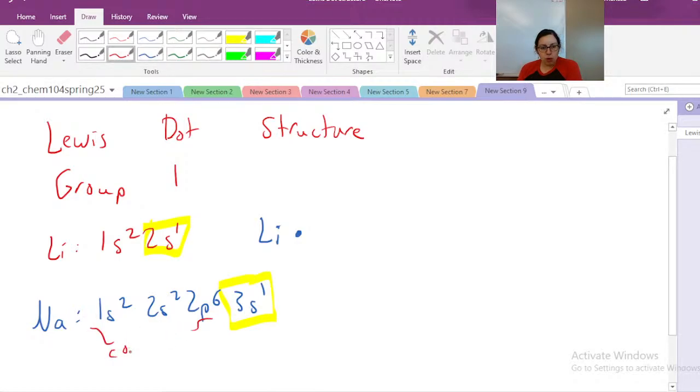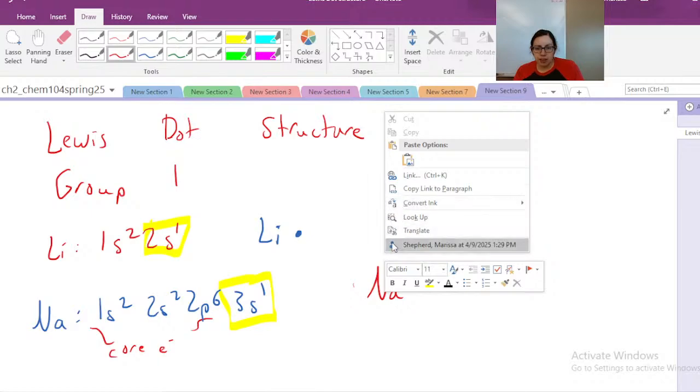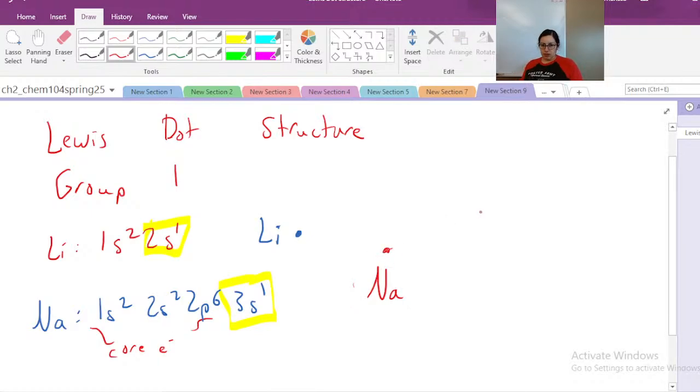Now these are the core electrons. And again, right, group 1, this is why they have that same or similar reactivity. And so, sodium, I'll put it on the other side, right? You write it like that. Oops, sorry. Doesn't matter what side. So again, we're just showing, okay, it has one valence electron.